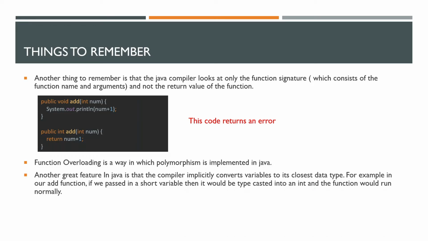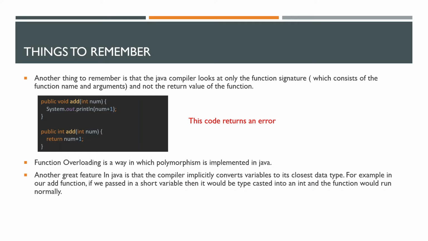But if we go down, we have public int add int num, and this function has a return type of an int, and it returns num plus one. Now this would actually throw an error because the function signature only consists of the function name and the arguments, and not the return value.